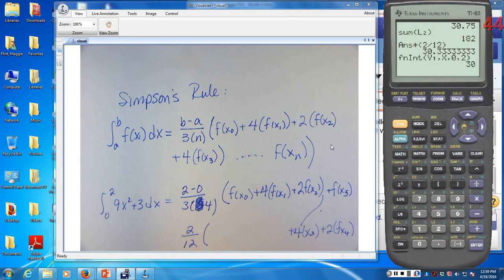That would be what? 9x squared plus 3. Okay. Think of the calculator's list as a kind of like a spreadsheet.